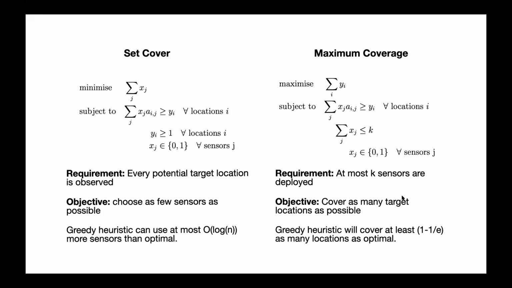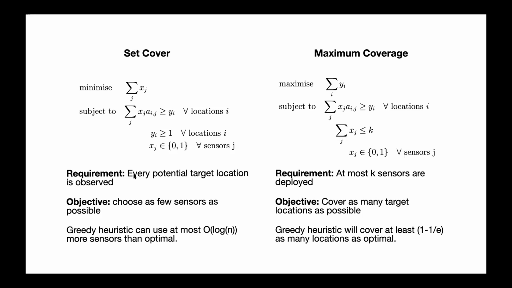I need to place these sensors, so I'm going to place them one at a time. The first sensor, the thing that makes sense is to put it in the place that reveals as many locations as possible. And then when you place the second one, you put it in the place that reveals as many new locations as possible. And you just keep doing that until, in the case of maximum coverage, you put out K sensors, or in the case of set cover, you keep going until eventually you've revealed all the locations.